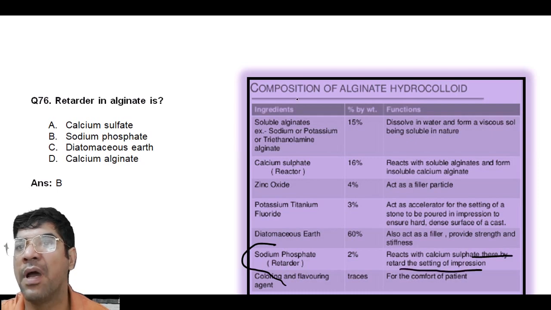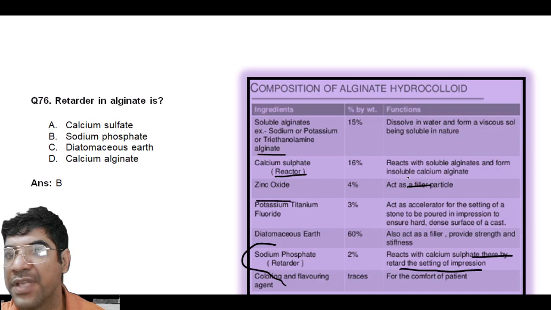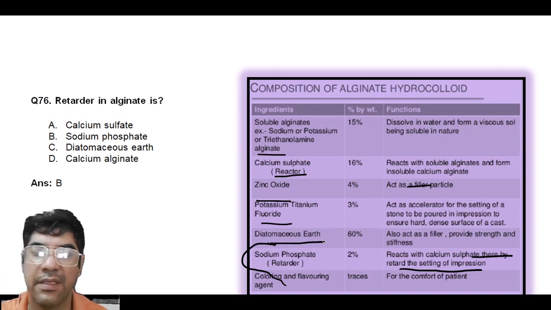So remember the various components of alginate hydrocolloid. It contains soluble sodium or potassium alginate, calcium sulfate, which is the reactor, zinc oxide as a filler, potassium titanium fluoride, which acts as an accelerator, and diatomaceous earth, which acts as a filler.